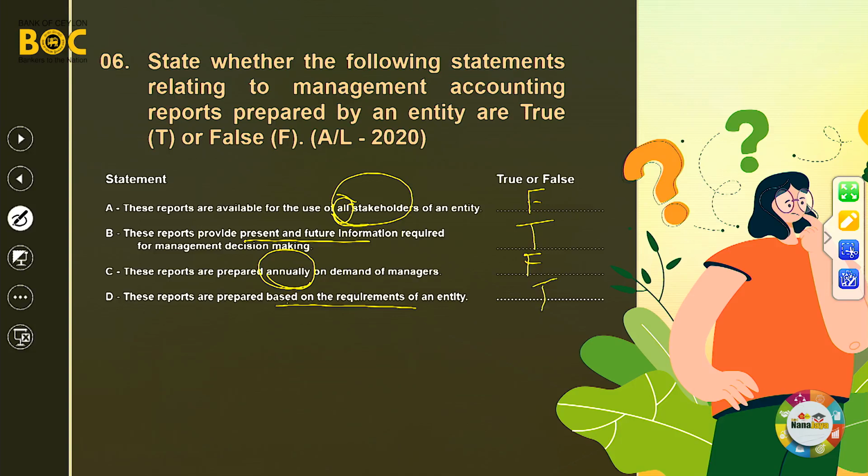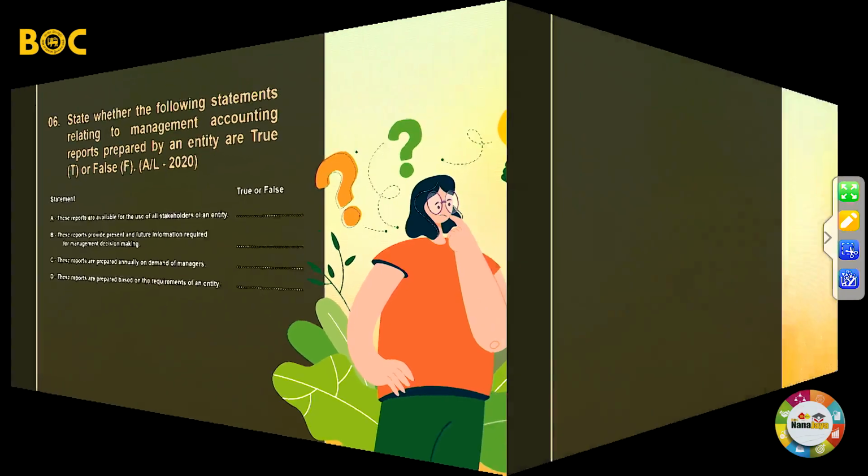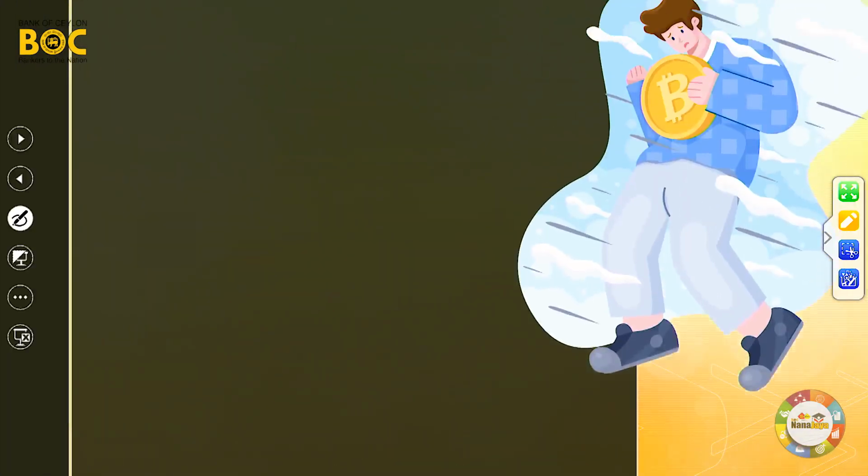So: false, true, false, true. Right. And in the 14th lesson, cost and management accounting, as I told you earlier, you have mainly four areas: introduction, material costing, labor costing, and overhead costing. Then we will move to the material costing part.